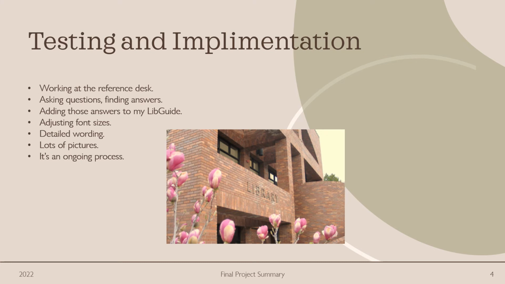With senior users, not so much. And so to make the experience better for them, detailed wording was definitely needed. I also needed lots of pictures. It really helps for people to visually see what steps to take and what to click on, so it will help them navigate the LibGuide as they step through the guide and perform their searches in Novelist.